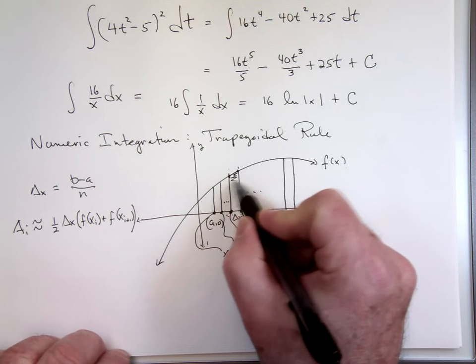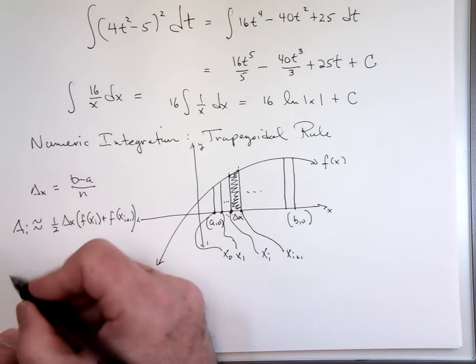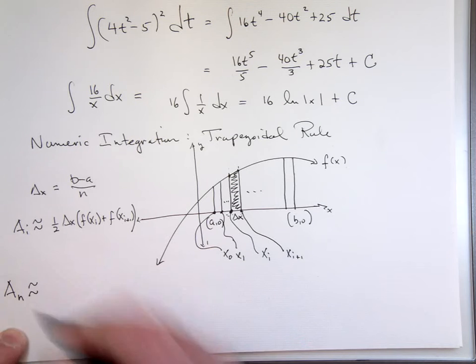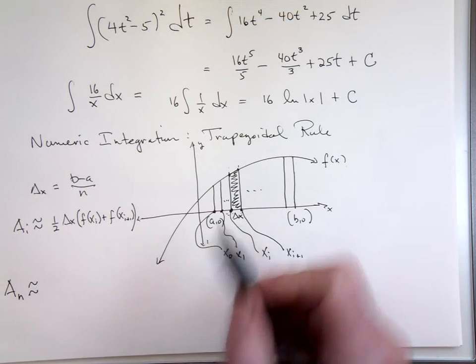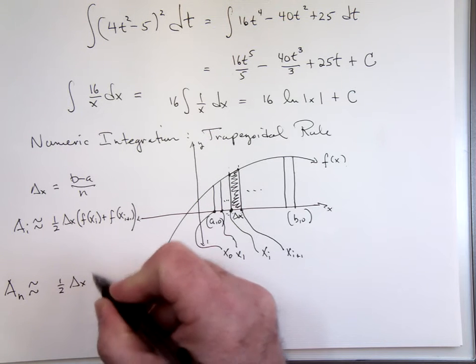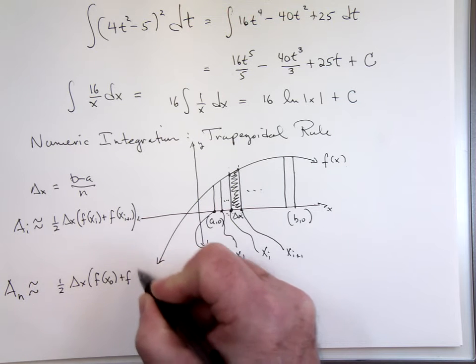Okay? Here's what I'm going to do. I'm going to take the sum of all these trapezoids, okay? We'll add them all up to get an approximation for the area under this graph. So, the area in terms of n trapezoids would be approximately equal to the first one, which would be 1/2 delta x, f of x sub naught plus f of x sub 1.